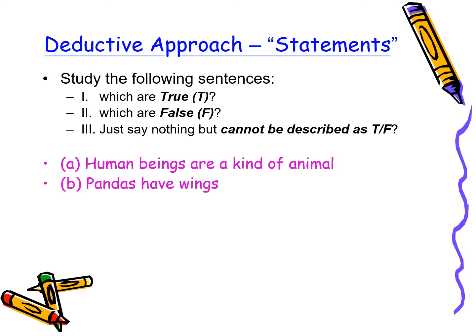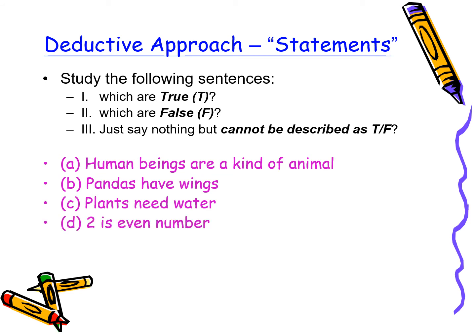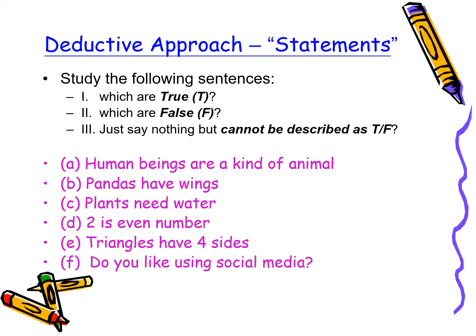B. Pandas have wings. C. Plants need water. D. 2 is an even number. E. Triangles have 4 sides. F. Do you like using social media? Which of these sentences are true or false or cannot be described as true or false?